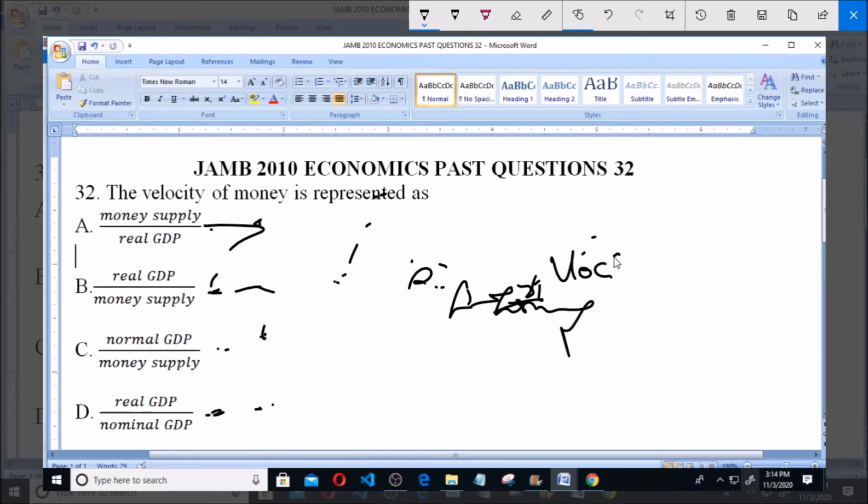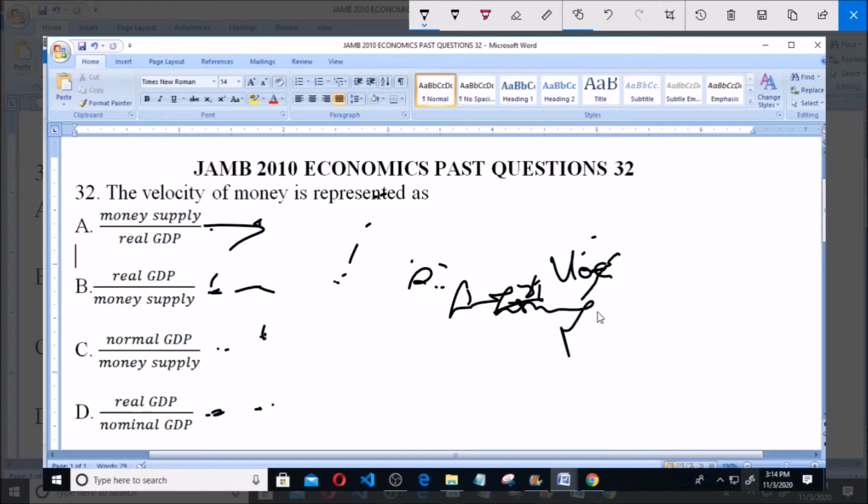When there is an increase in the velocity of circulation of money, prices will increase, leading to a lower value of money.